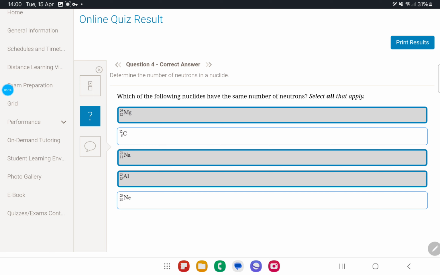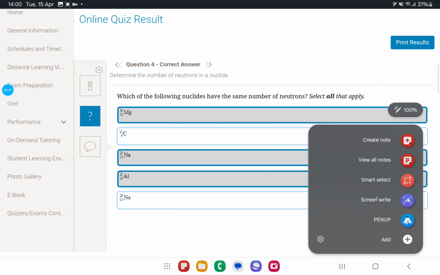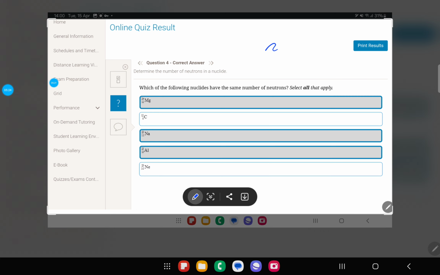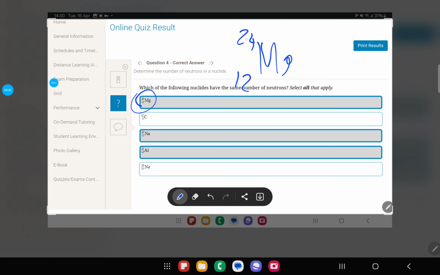Question 4. Which of the following nuclides have the same number of neutrons? To find out the number of neutrons in a nuclide, let's take this for example, Mg, magnesium. The mass number is 24 and the atomic number is 12. Now they want the neutrons.